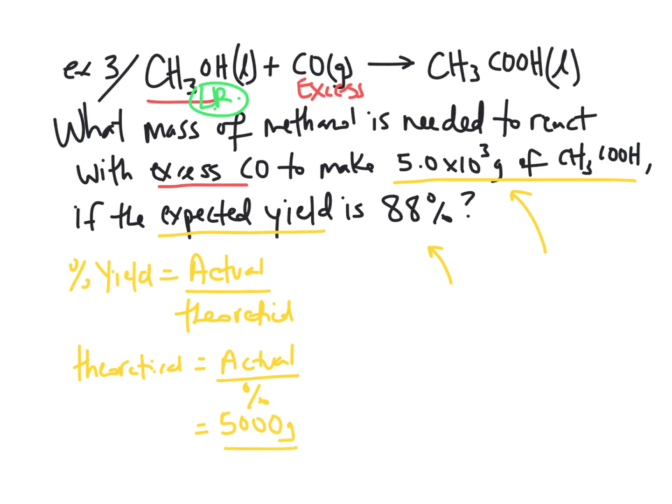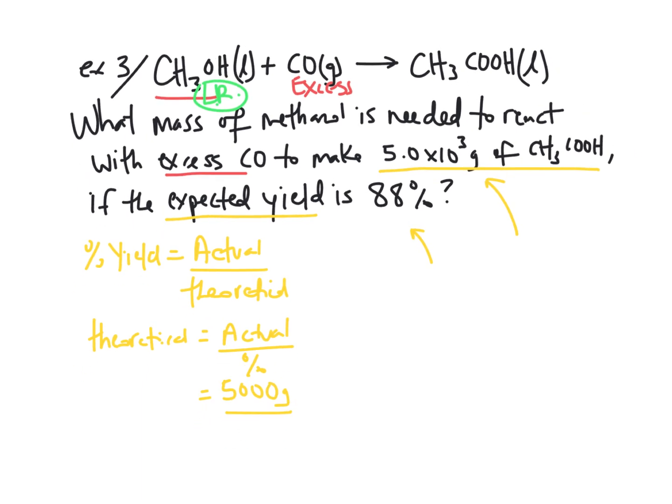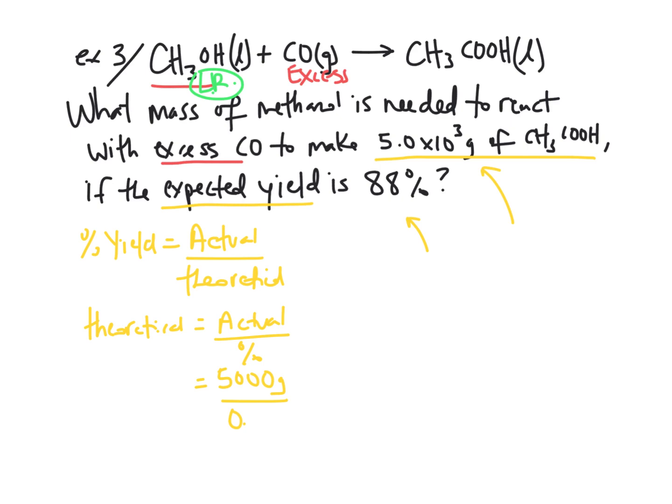The actual yield needs to be 5,000 grams or 5 kilograms, and we know that the percent yield is 0.88, which means that we need to plan for a theoretical yield of 5,700 grams. Okay, so that's going to be our theoretical yield. So let's work with that.